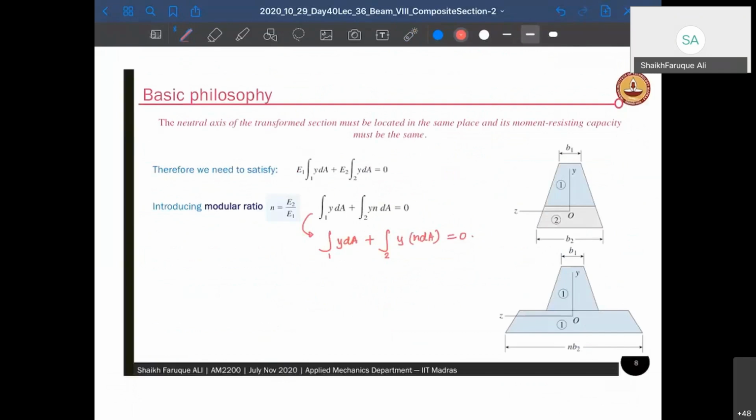Now NdA can be obtained in two ways, two simple ways. You can assume any complicated ways you want, but two simple ways. One is change y, keeping width same of the second material.